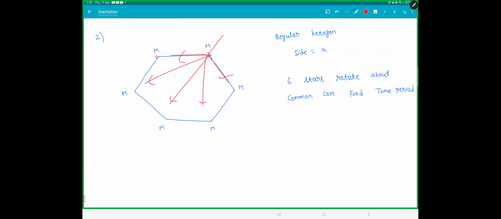All these 5 forces must be equal to the centrifugal force. That is the idea, isn't it? If there are 6, the remaining 5 are attracting this one guy, and that force is becoming equal to the centrifugal force. Try. I'll give you a minute or two.